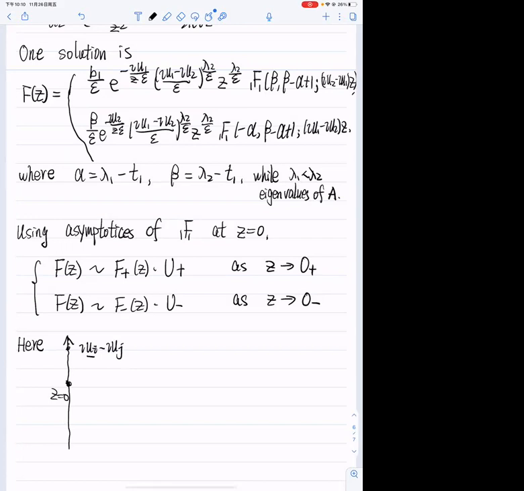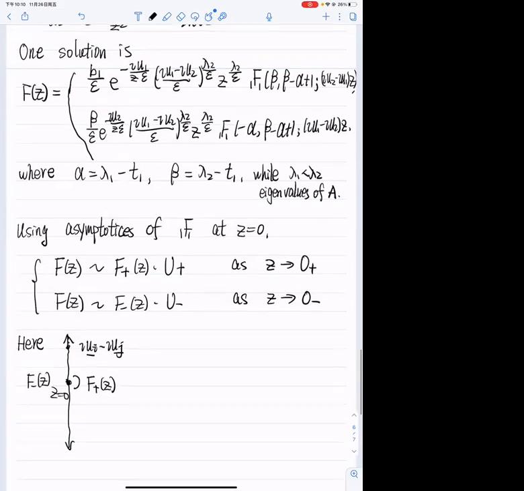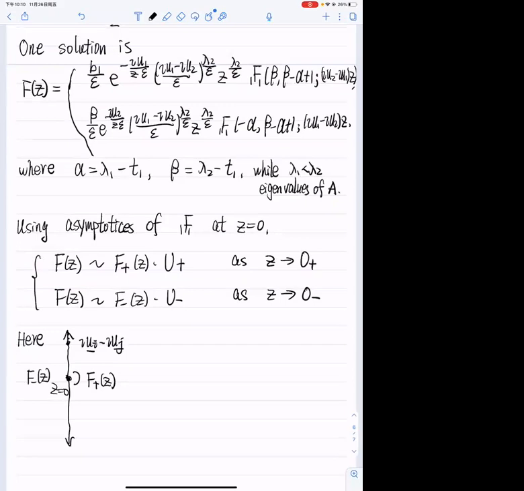Because any of ui, uj are real numbers. Therefore, the rays are simply the purely imaginary axes. And then I will always denote the solution on the right sector by F plus and the solution on the left plane by F minus in any n by n case. In particular, in the 2x2 case, these are two solutions. Recall that F plus, F minus are determined by a given asymptotics.